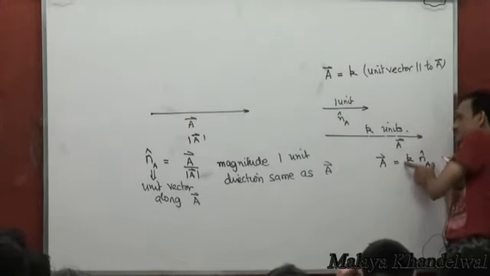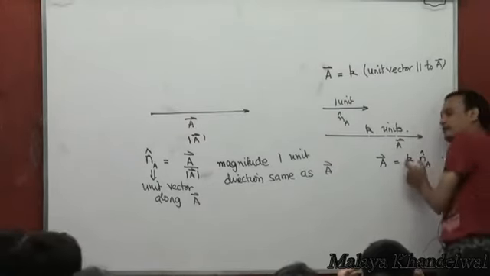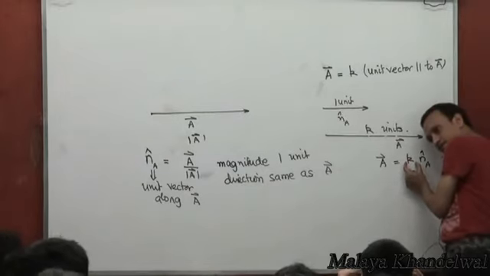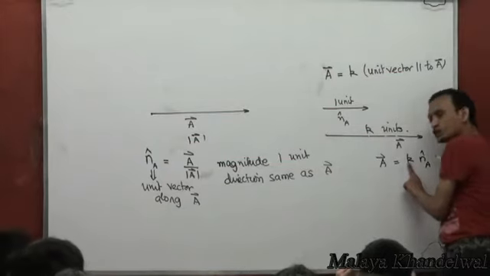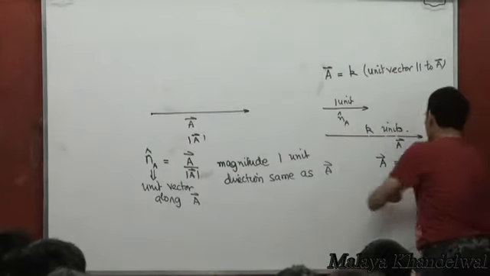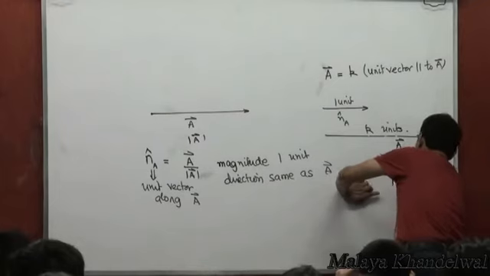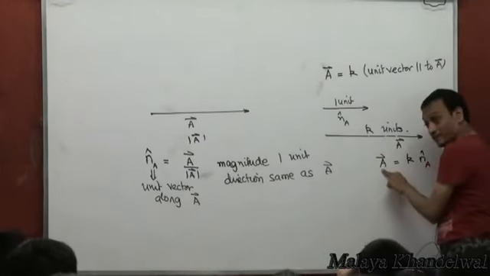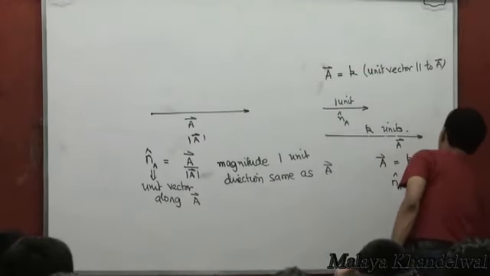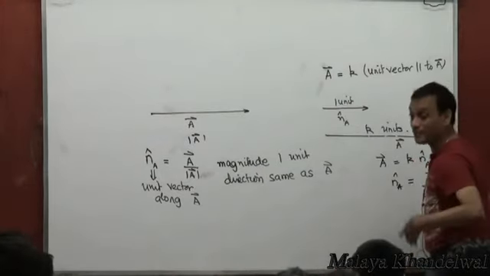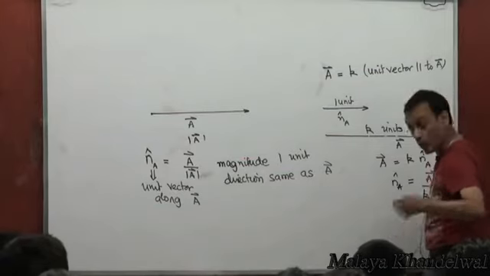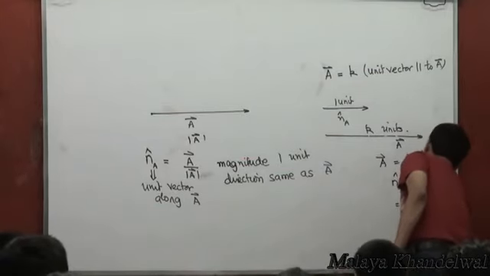So k times a unit vector would be a vector whose magnitude is k units and whose direction is the same. Multiplying a vector by a scalar does not alter its direction. So n cap A, where k is what? K is the magnitude of A, right? So n cap is A divided by k, where k is the magnitude of A, written as mod A. So A by mod A.